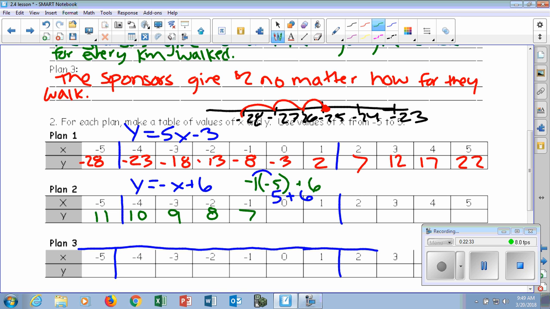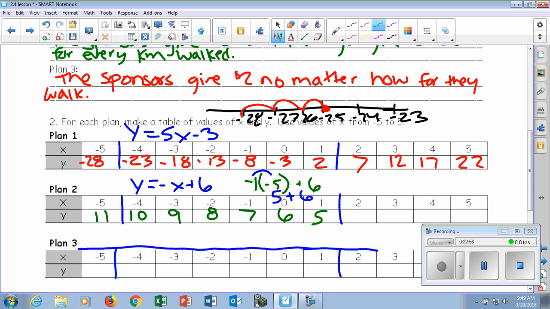0, it's negative 1 times 0. That gives you 0. And you still have that plus 6, so you got to add 6 to 0 to get 6. Now we're in the positive, so it's looking a little nicer. 1 times a negative 1 gives you a negative 1 plus a 6, 5.